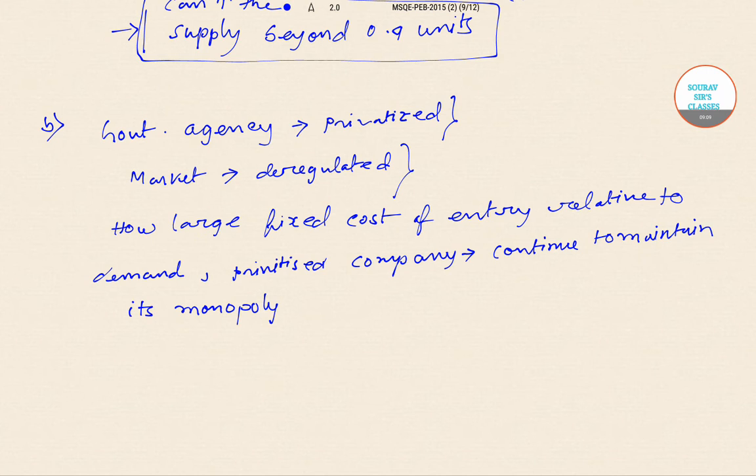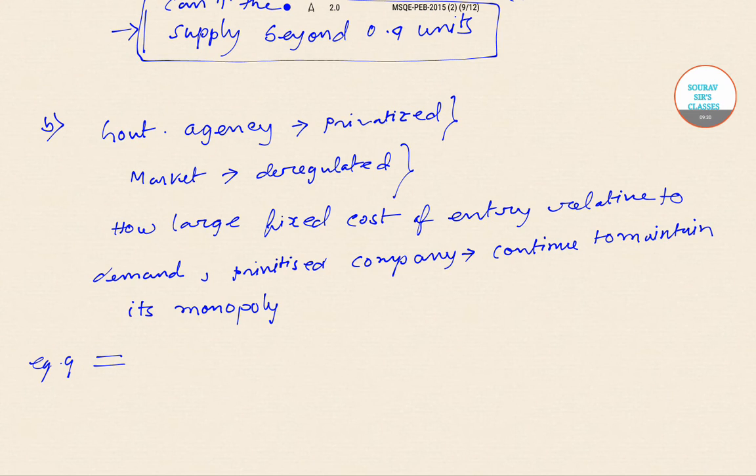With privatization the equilibrium quantity will be 1 by 4, and the equilibrium price will be 3 by 4.